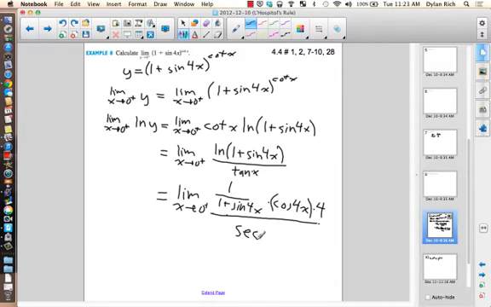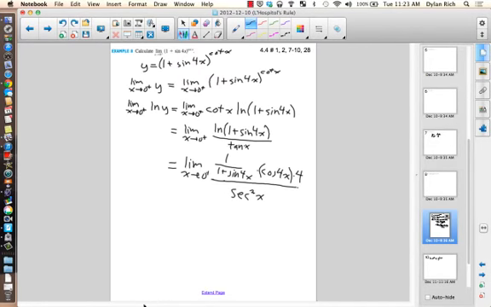That is annoying. But wait, secant squared of x, secant of 0 is 1 over cosine. Hold on, cosine of 0 is 1.